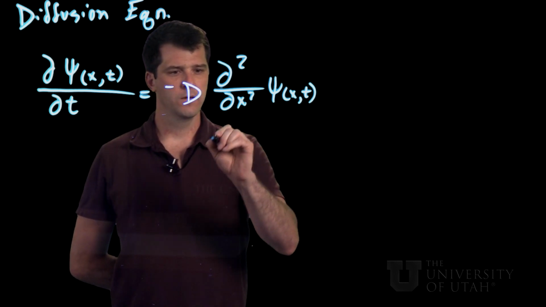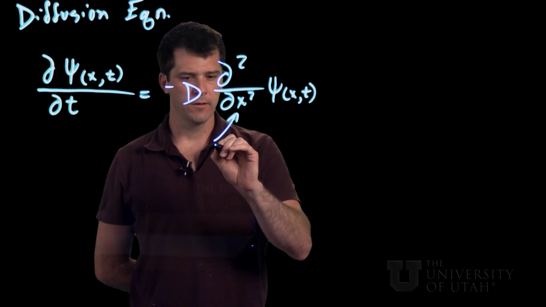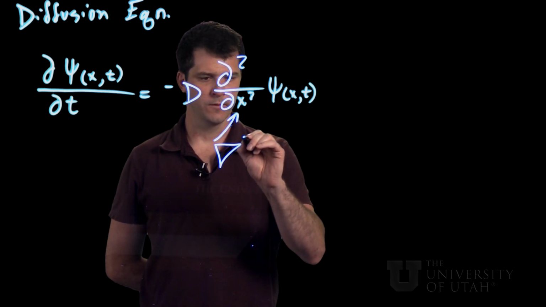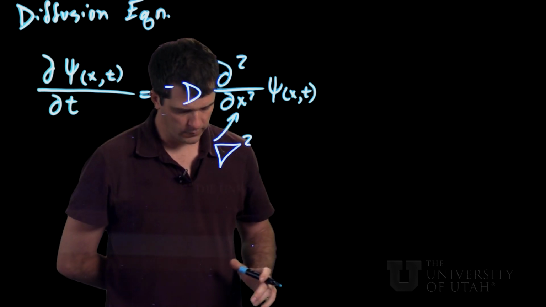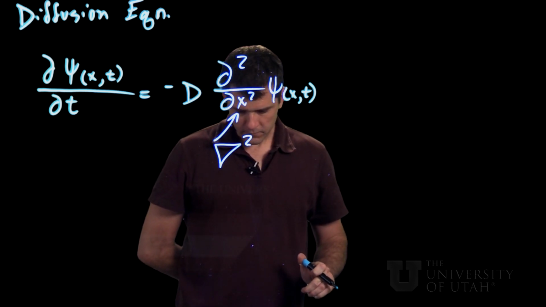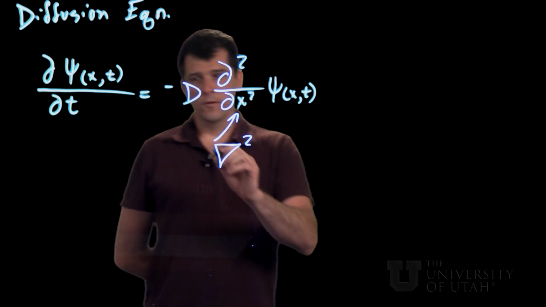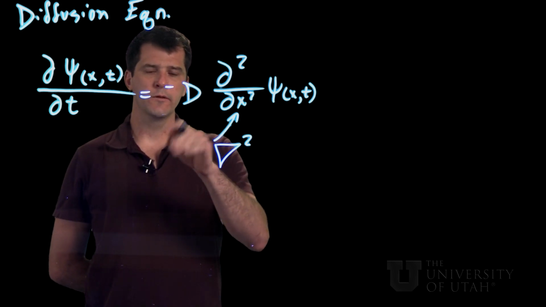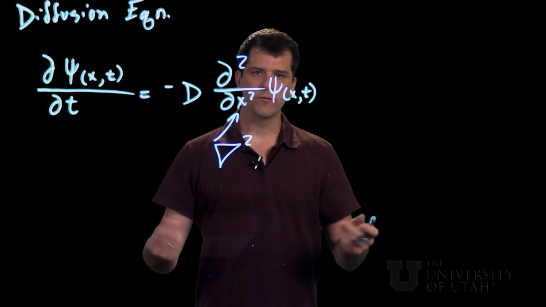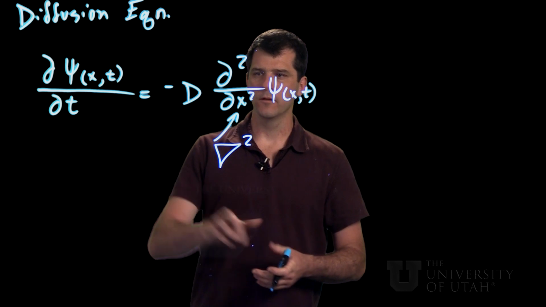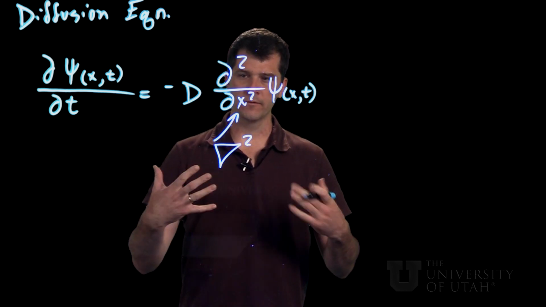And I wrote out the differential operator. You could also do it in 3 dimensions as the Laplacian del squared. Okay, so in the diffusion equation, instead of talking about the phase velocity, which we had in the wave equation, we have this symbol D, which is the diffusion constant.